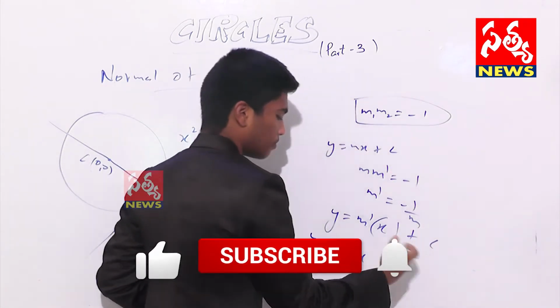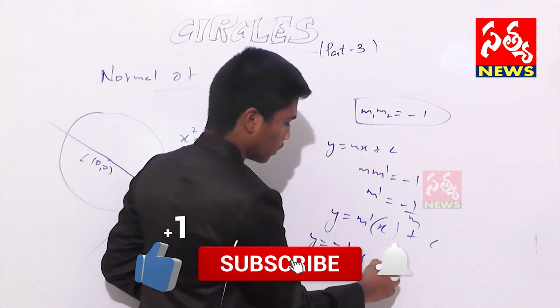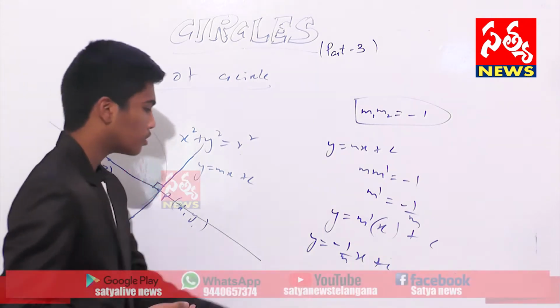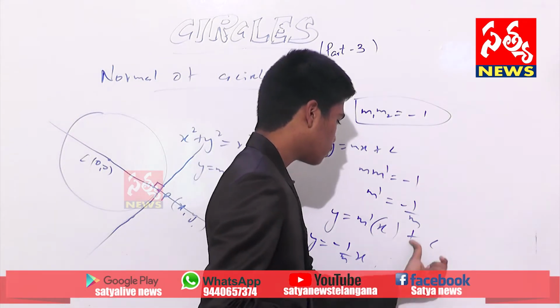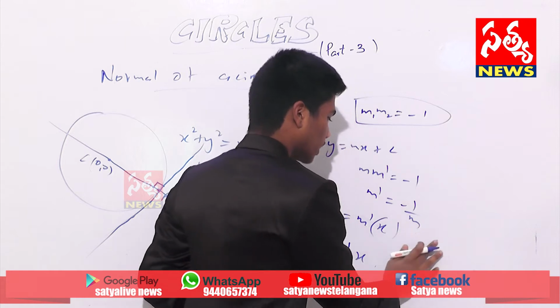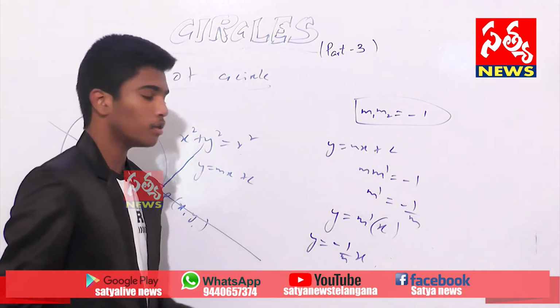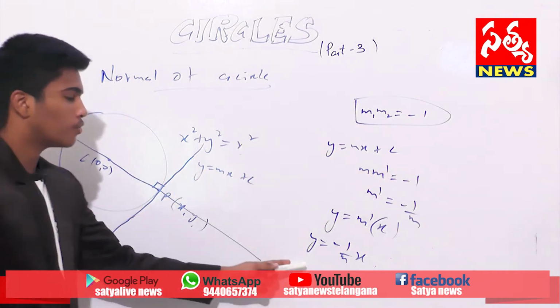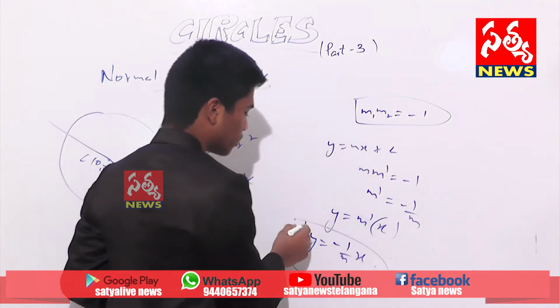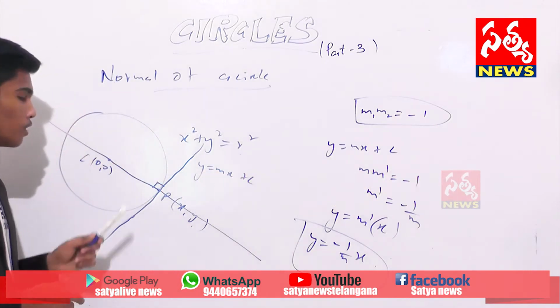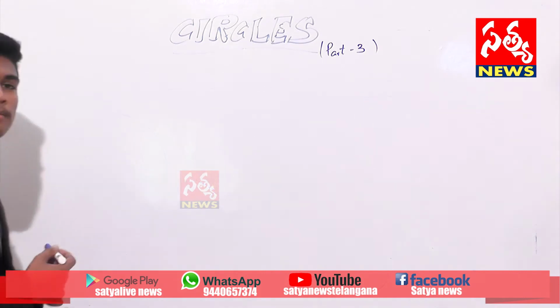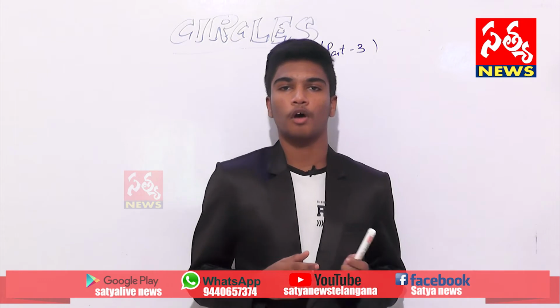We can write plus c here, where c is a constant, or else there is no change if you write plus c or not. In this way we have derived the equation of normal to a circle. Hope you understand.